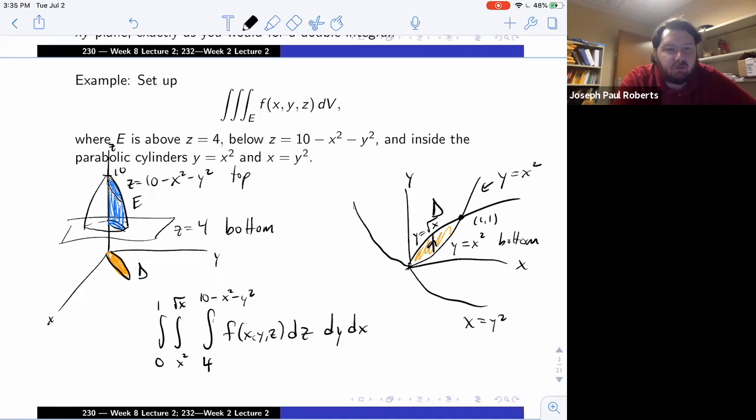And then the other two things, the parabolic cylinders, I'm not going to try to draw it on the same picture, but the parabolic cylinders are going to look something kind of like that, sort of like a trough that's sitting vertically like that. And then I guess the other one looks like that. So the parts that they have in common are sort of that leaf-shaped region that we saw. So anyway, that's how you could set that up.